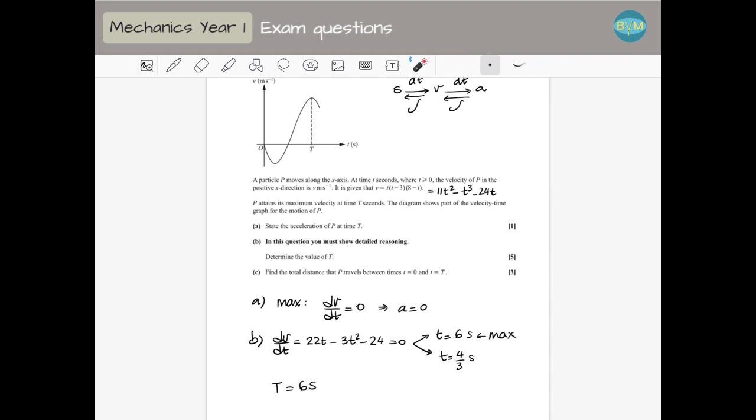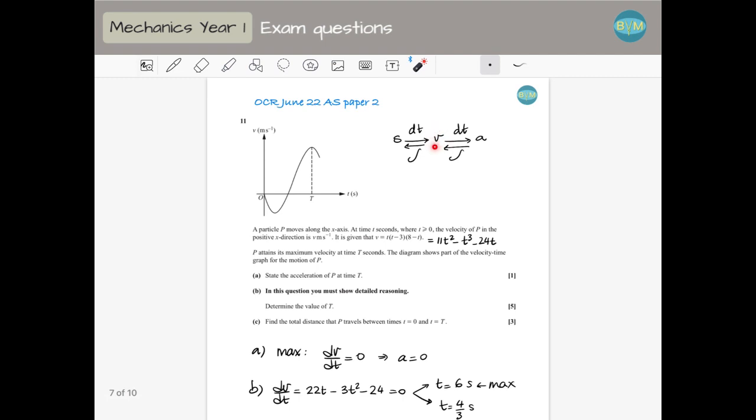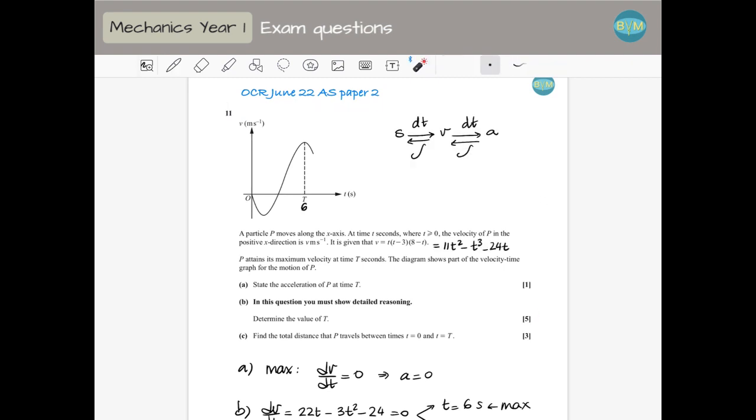And then the last one says find the total distance that P travels between times 0 and 6. If I have the velocity function, to find the distance, I'm going to integrate between 0 and 6. But you have to be careful because I have a change of sign in the function, which means if I integrate between 0 and 6, this area here below the x-axis is going to be negative and this is going to be positive.